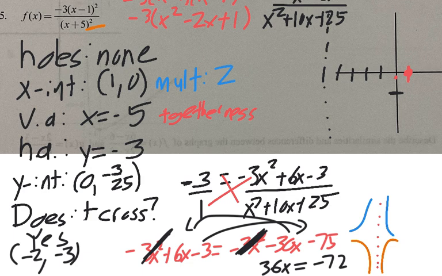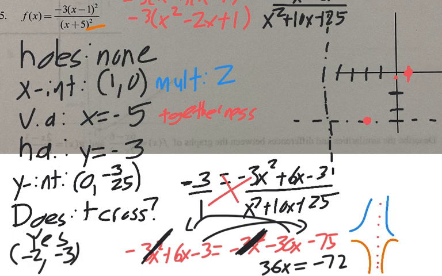I have a horizontal asymptote at y equals -3. Then I also found that at (-2, -3) it crosses the horizontal asymptote.